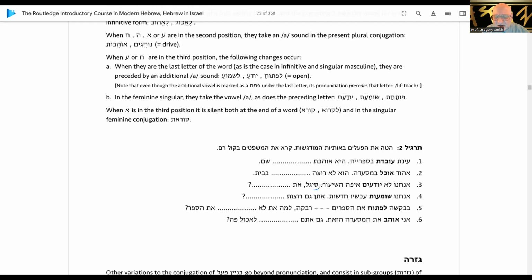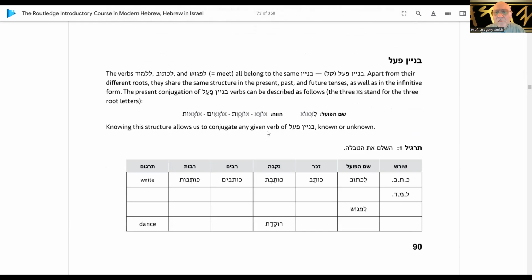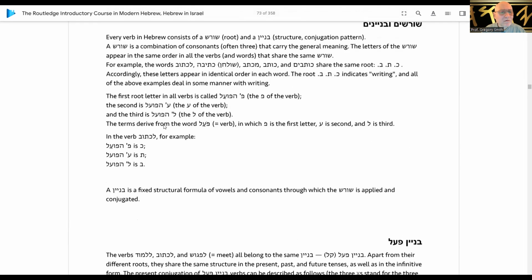Okay, "Sigal." That's probably a proper name there. Sigal et what? It probably has something to do with "to know." So let me double check our verb key up here and see where that's at.